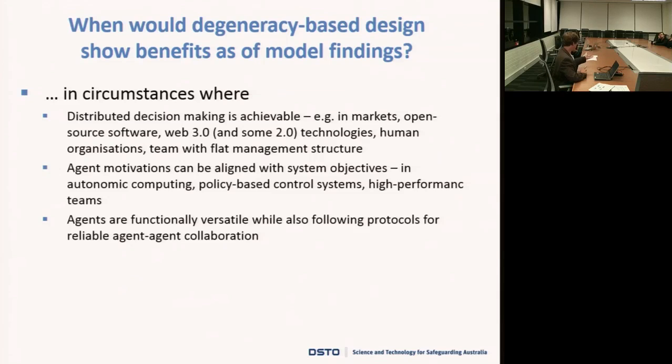If some pathway gets degraded, the system reroutes for you. You don't have to intervene. This is one area where you should get benefits. And of course, you need agents that are functionally versatile while also following some form of protocol. So it's a reiteration of the second bullet point.